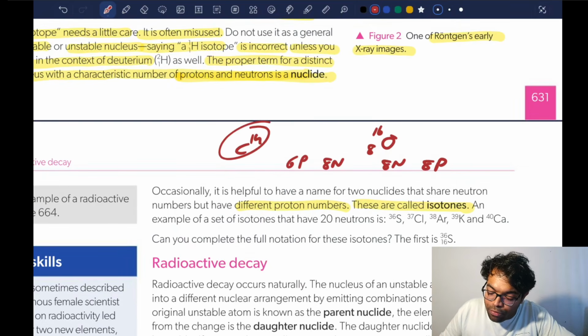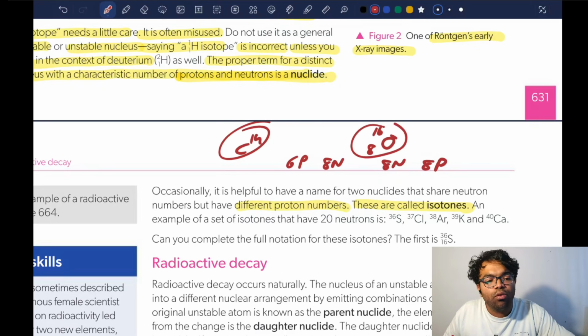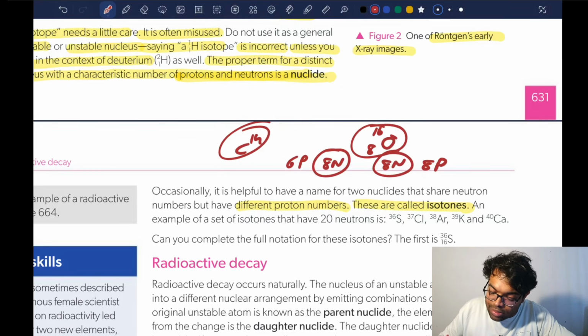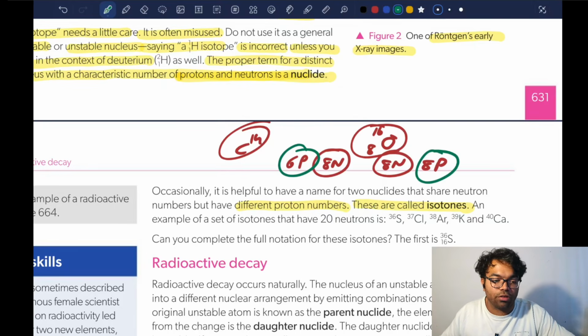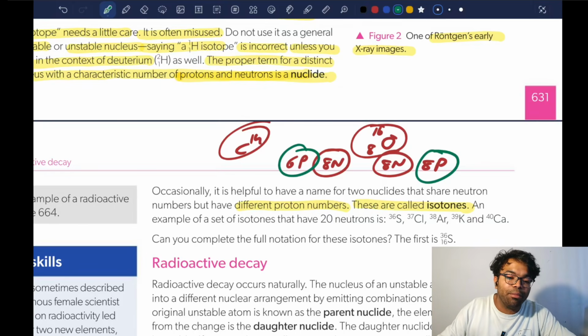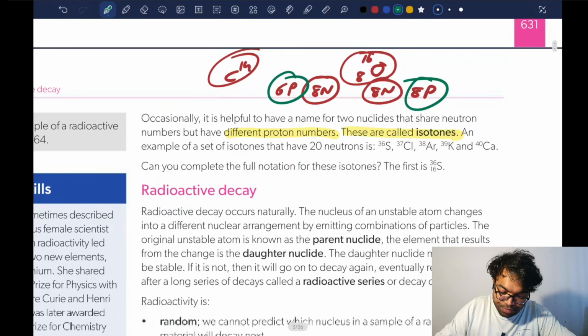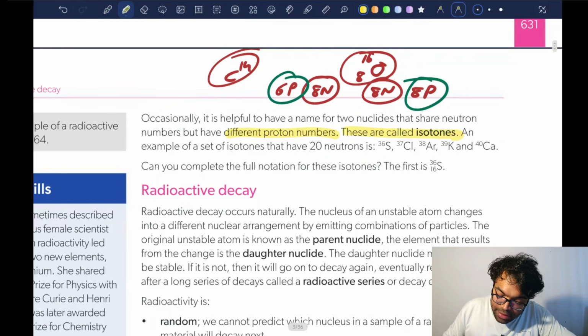So carbon 14 and oxygen 16 both have the same number of neutrons, that is 8 neutrons and 8 neutrons, but one has 6 protons and the other has 8 protons. So these two are known as isotones, having the same number of neutrons but different numbers of protons.